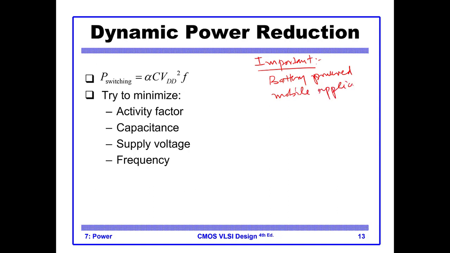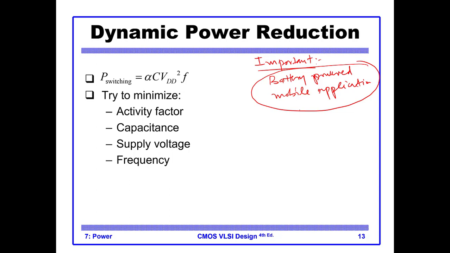Your laptops, your cell phones, all these things are powered by batteries, and the dynamic power is a factor that contributes to the drainage of the battery. So when you have a huge dynamic power consumption, your battery will be drained very quickly.